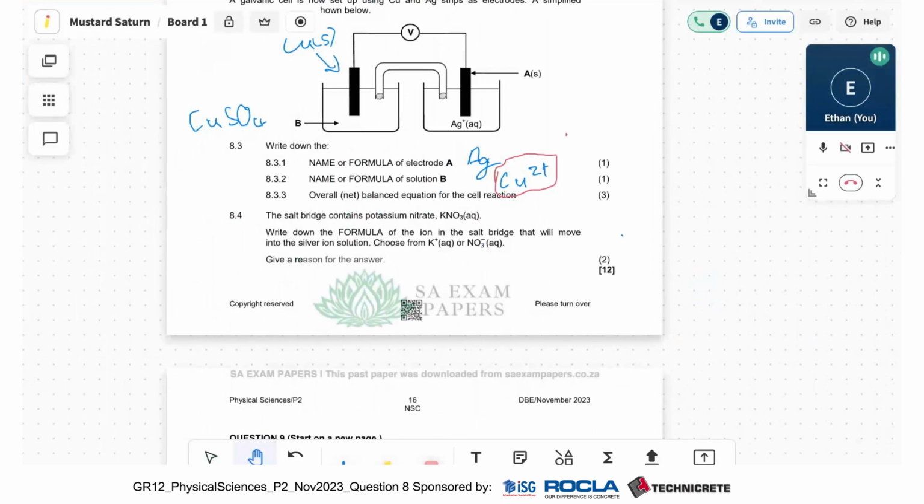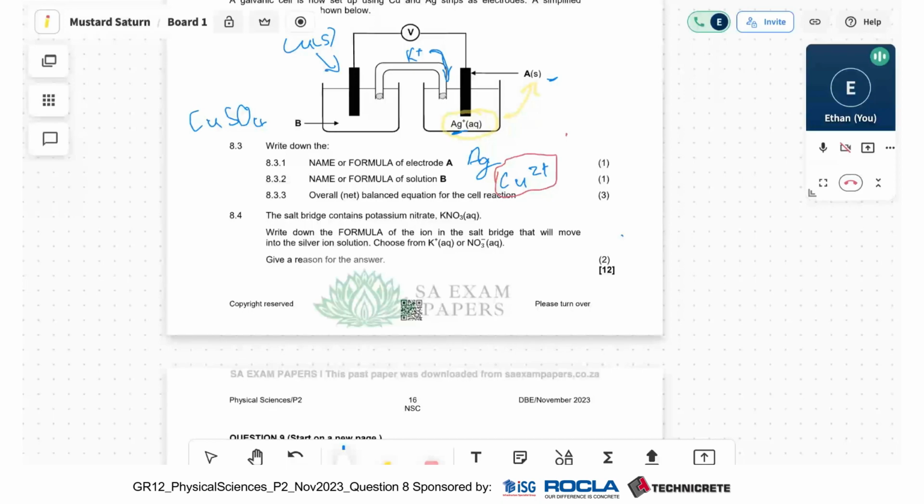What we need to realize is that from our equation, we're using up silver plus, and we're forming silver solid. Therefore, it's the positive ions, the K plus, that'll move to balance out everything, because we're losing our Ag plus to form solid silver.